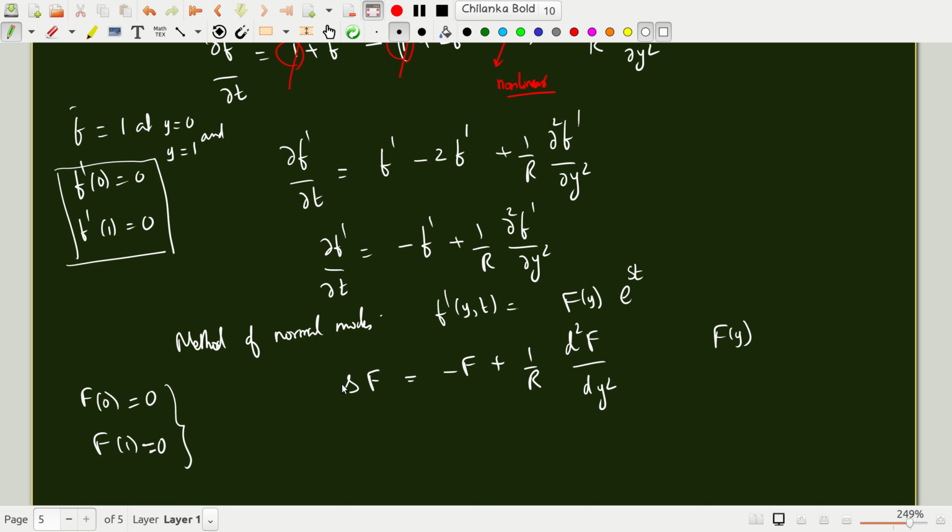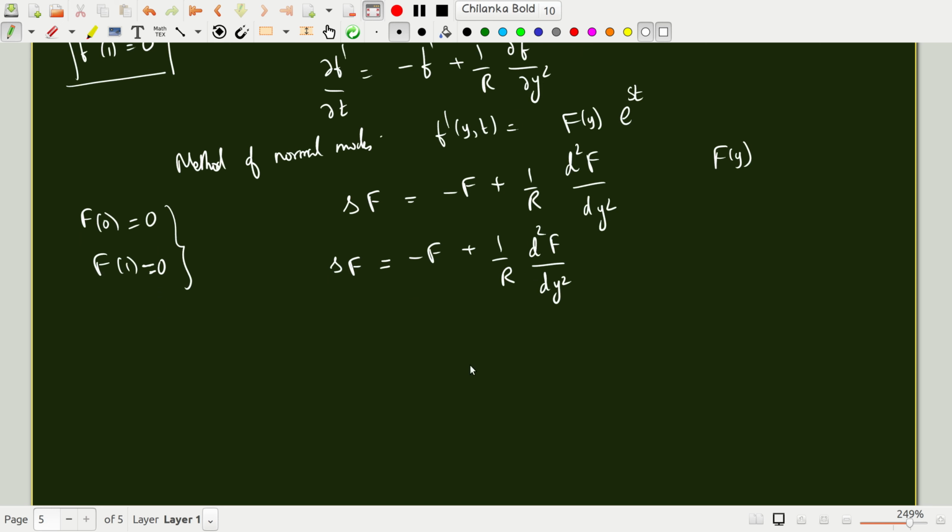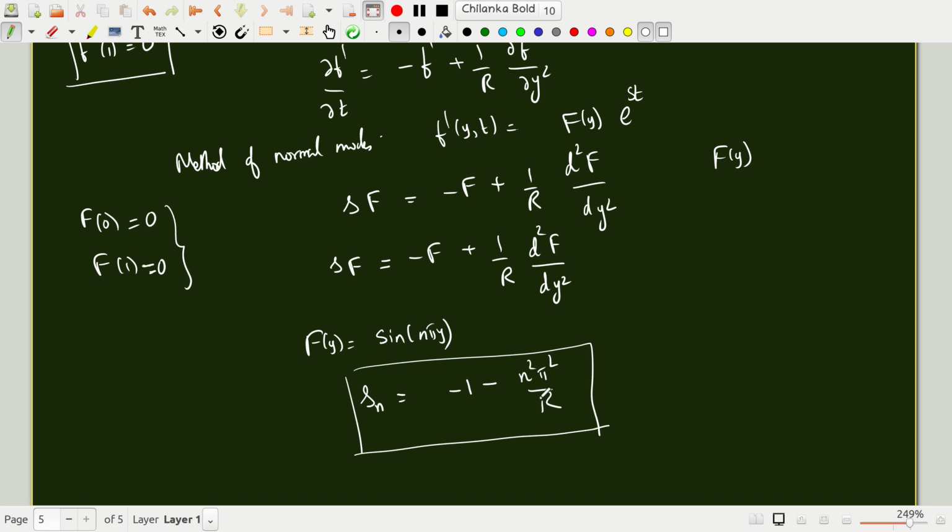Okay. Now, s f is equal to minus f plus 1 over r d squared f by dy squared. Now, we will again guess f of y is some sine n pi y and substitute this back here, then you will get s_n is minus 1 minus n squared pi squared by r. Now, if you ask the question, what will happen to this model system?